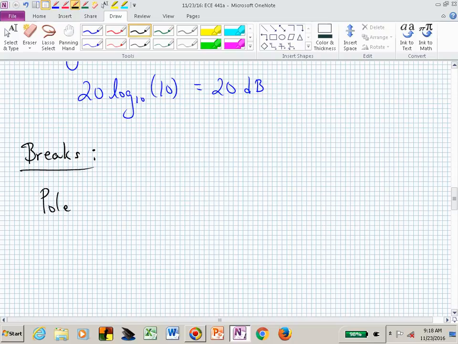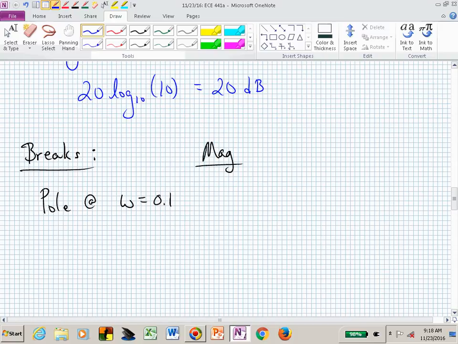For example, I typically try to order these in advancing frequencies. Which pole or zero came first? It was the pole, and at what frequency? It was 0.1. And in terms of the magnitude, at that break, what direction will the slope change?